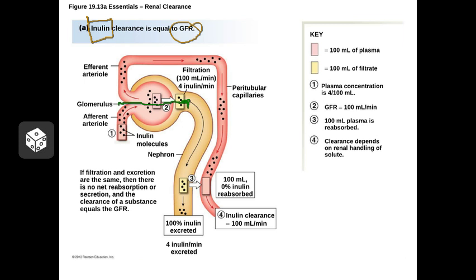So it can be pushed through the filtration membrane into the filtrate, but the cells that line the nephron loops are not permeable to inulin.